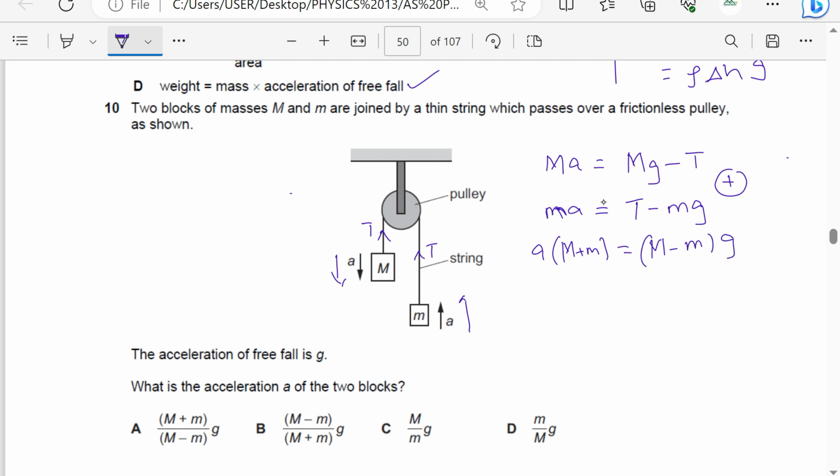So if I make a the subject, then acceleration is going to be equal to capital M minus small m, times g, divided by capital M plus small m. So this is going to be our expression. That means our answer is going to be simply B.